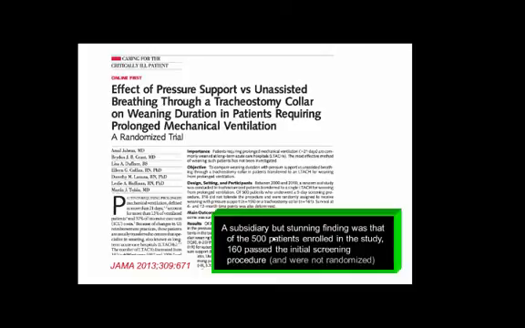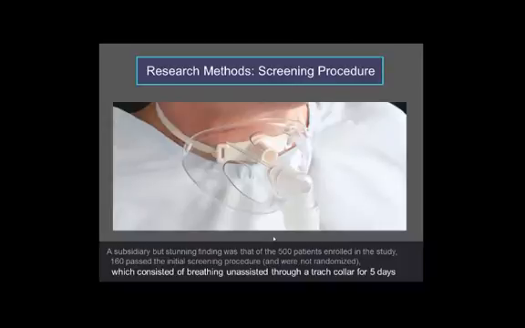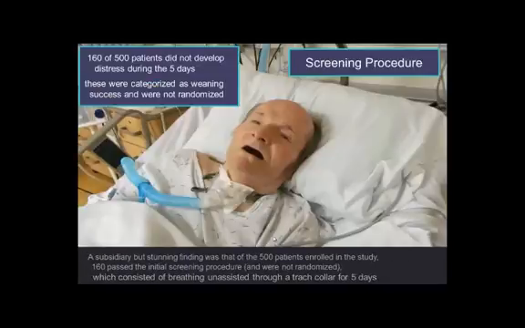Then a subsidiary finding in the RML study was that of the 500 patients that were enrolled in the study, 160 of them passed the initial screening procedure, which consisted again of breathing unassisted through the trach collar for 5 days. So 160 of the 500 patients did not develop distress during that first 5 days.